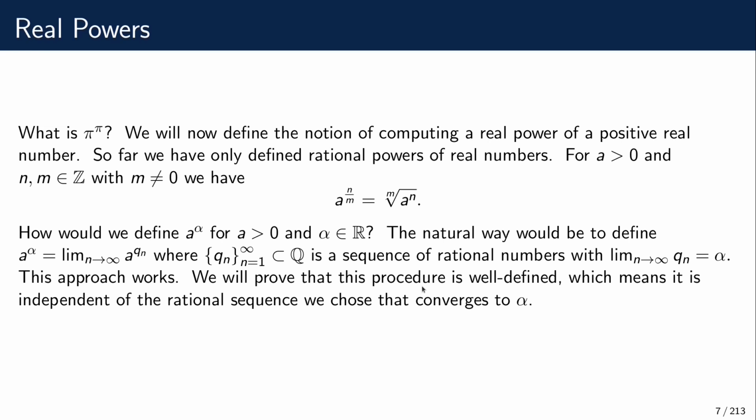Moreover, one more thing that we need to recover is that whenever this real number alpha happens to be rational, then this new definition has to coincide with the previous definition of exponents of rationals. In this case, you can say, well, obviously I can pick for a rational number a constant sequence, which is this number, and it would converge. And this is exactly what we're going to show. So I'm jumping a bit ahead. Let's do it step by step.